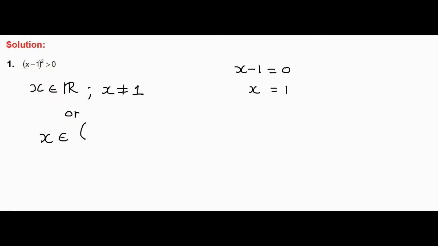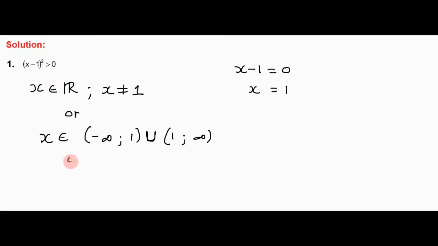The one interval will be from negative infinity to 1, and the other interval will be from 1 to positive infinity. The round brackets, of course, mean that we are excluding 1, and it's the union of these 2 intervals.